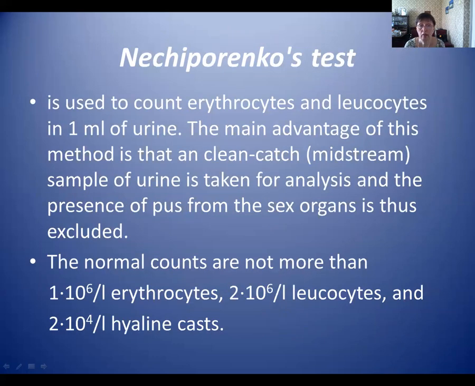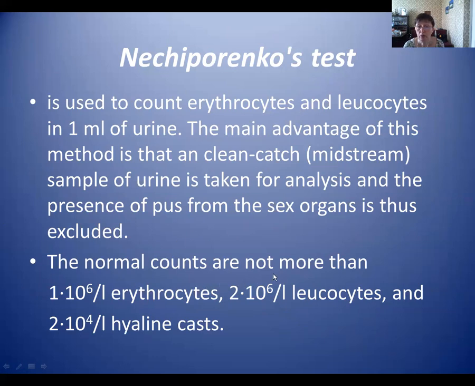Well, we can also use the Nechyporenko test for a count of erythrocytes and leukocytes in 1 milliliter of urine. For this test, you need a clean catch or midstream sample. And here you see normal counts.